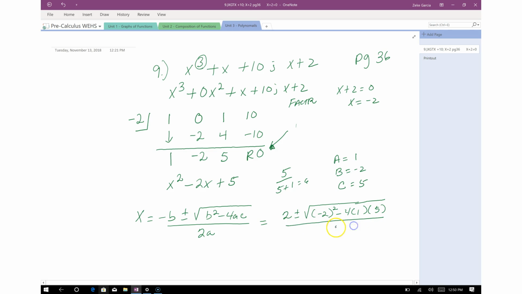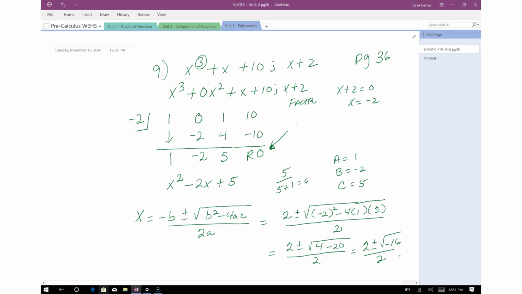Divided by 2. So we have 2 plus or minus the square root of 4, and we have negative 4 times 5, which is negative 20, divided by 2. So we will have 2 plus or minus the square root of negative 16, divided by 2.